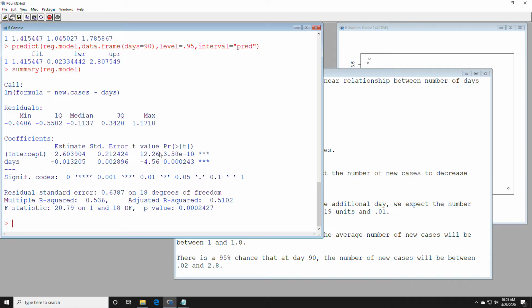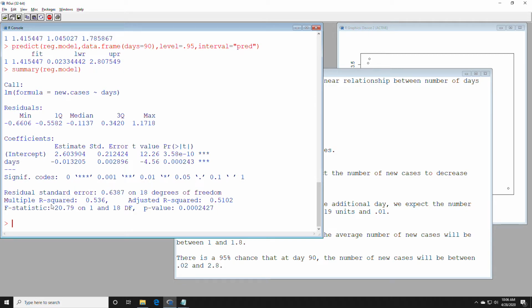And so our p-value for beta 1, which relates x to y, is smaller than 0.05. Thus, we reject the null that beta 1 is equal to 0. So we have evidence that it's not equal to 0. Again, small p-value, we have evidence that x is related to y. So we keep it in the model.